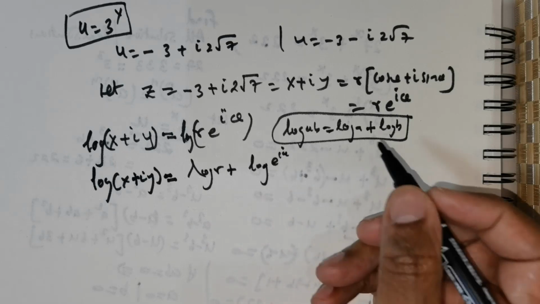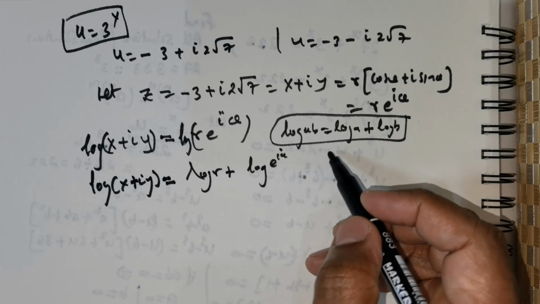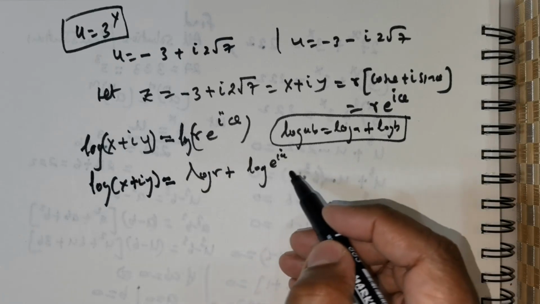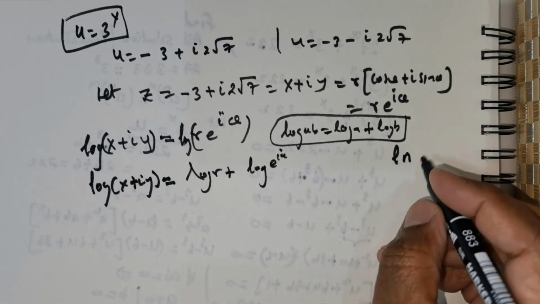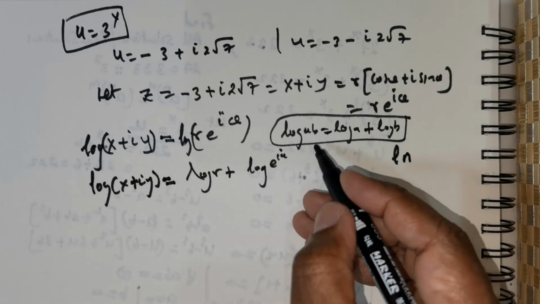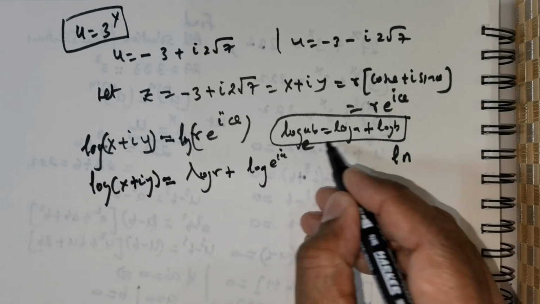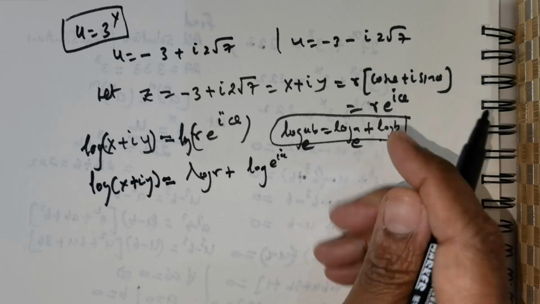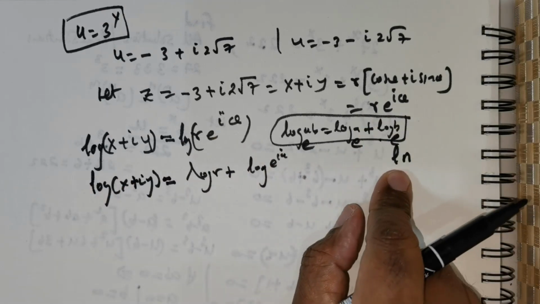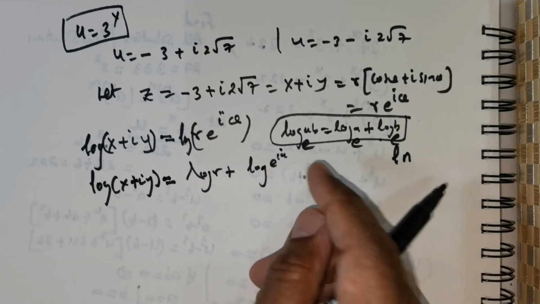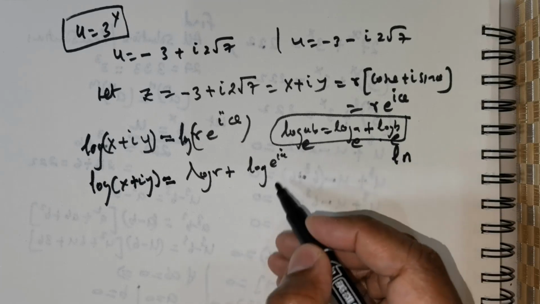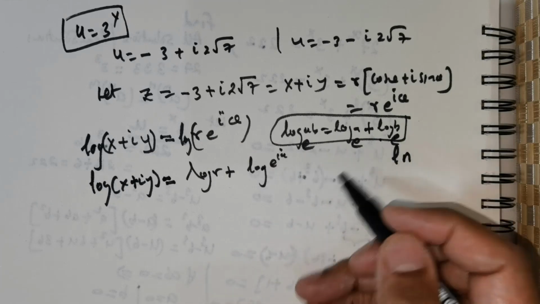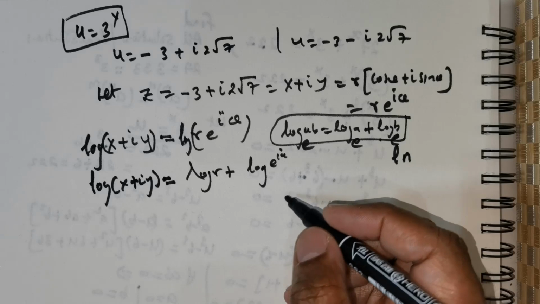Now as I mentioned to you, when we talk about log, we are actually talking about ln. Have that in mind. Though I have written log here, the base is always going to be e, irrespective of me taking ln or log, whenever we are performing complex manipulations.